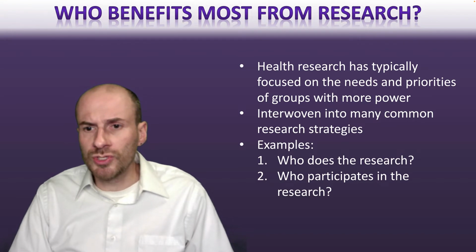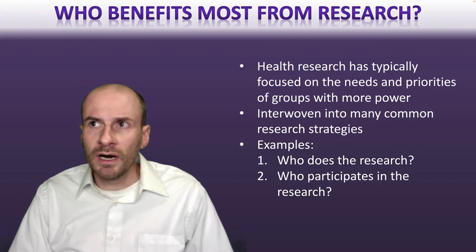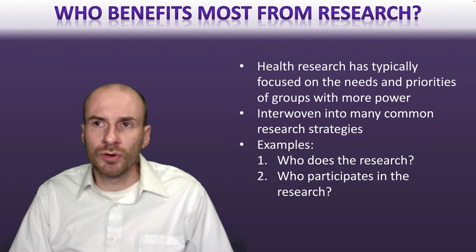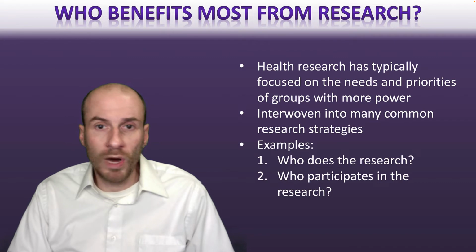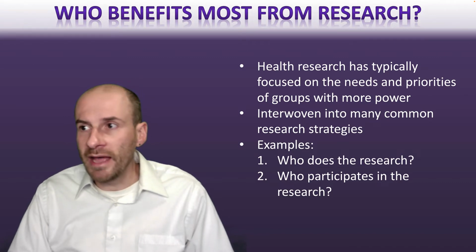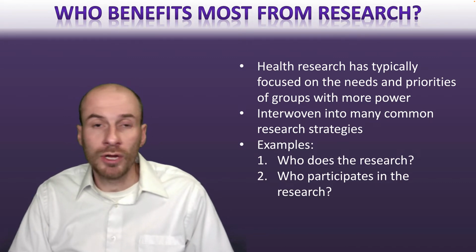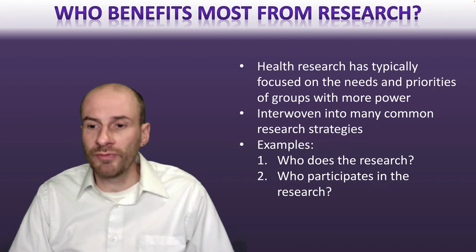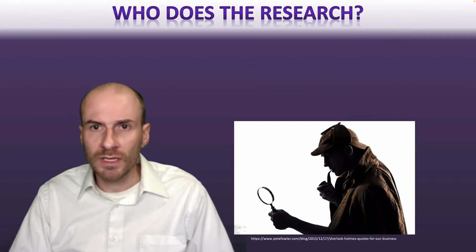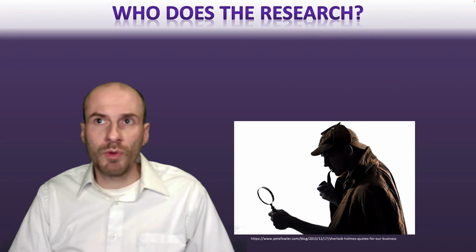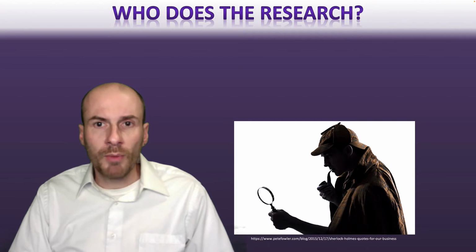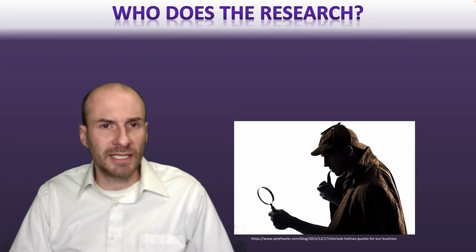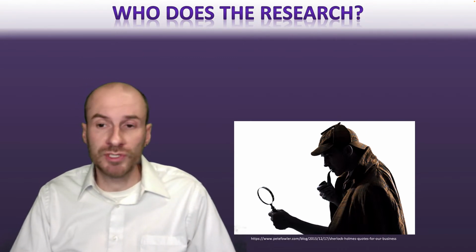So I'm going to talk about two different examples of this that talk about fundamental patterns in research that determine what questions get asked and how they get answered, which are who does the research, and secondly, who participates in health research. When we're looking at research, we often look at the research itself. We look at the papers, right? But we often forget the people who are actually producing the research.